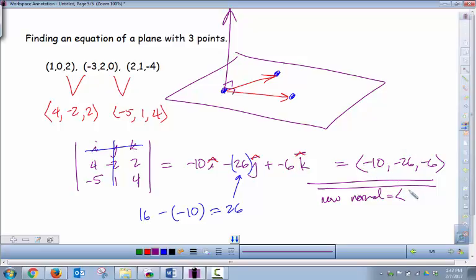So take out a negative 2, this becomes a positive 5, this becomes a positive 13, this becomes a positive 3. So this would be another normal that's probably pointing in the other direction, that's a little shorter because it's half as long. It doesn't matter.